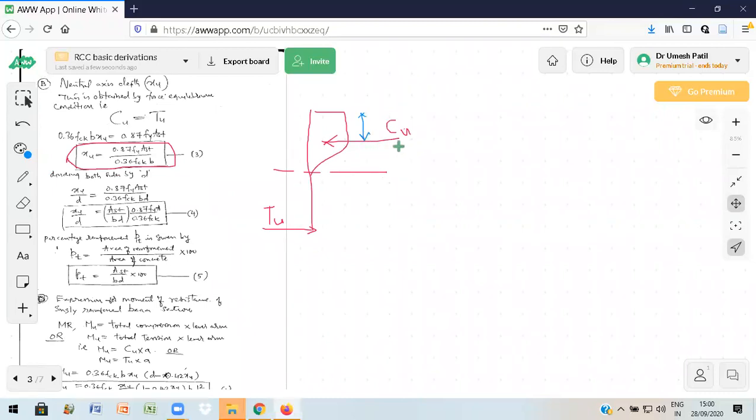total compression must act through the centroid of the entire stress block, and total tension must act through the centroid of the steel rods. Okay. Now, how to find what Tu is equal to?